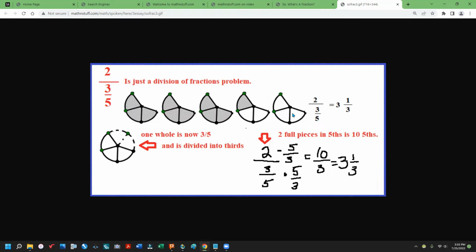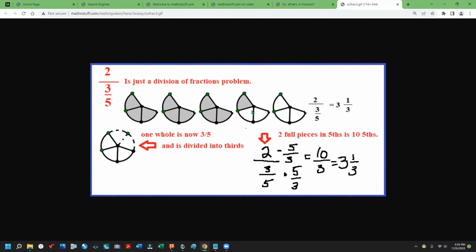In these pictures, this one's empty, so it's probably the easiest one to talk about. You can see that what was done was to take a circle, a whole that was divided into fifths, and only use 3 of those fifths.